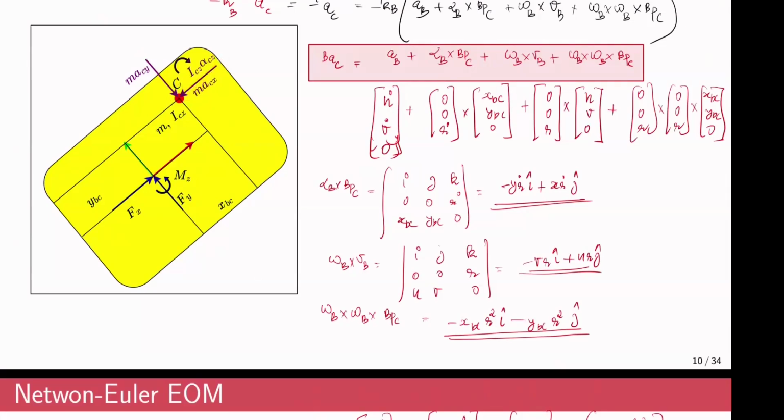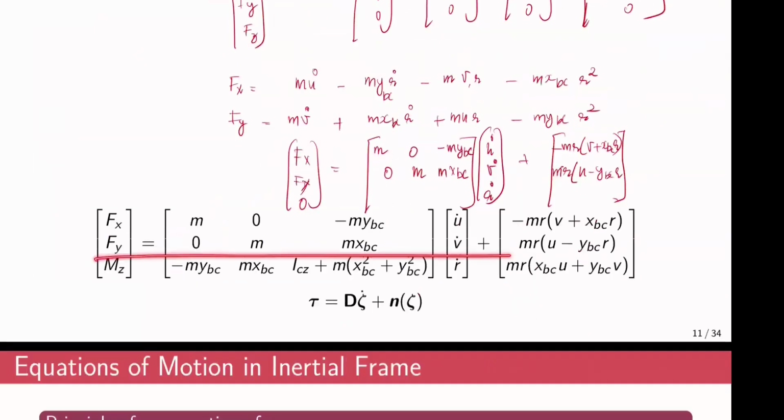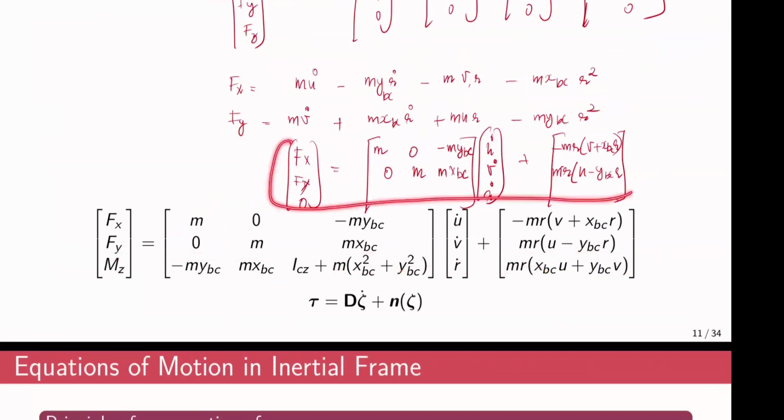And there is also a moment contributed by the I_Cz component, I_Cz multiplied by r dot. So if you take the resultant of all the moments about the Z_B axis, you will get the final expression for Mz like so. The first two entries we obtained using this Newton-Euler method, and the final expression is nothing but taking the resultant moments with respect to the Z_B axis.